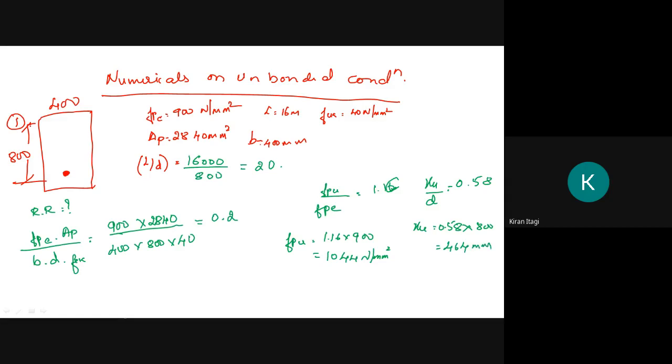Therefore Mu, we assumed that the neutral axis lies in the flange. For rectangular section we have the direct formula, that is FPU into AP into D minus 0.42 XU. Substitute the values, you will get 1794 kilonewton meter.